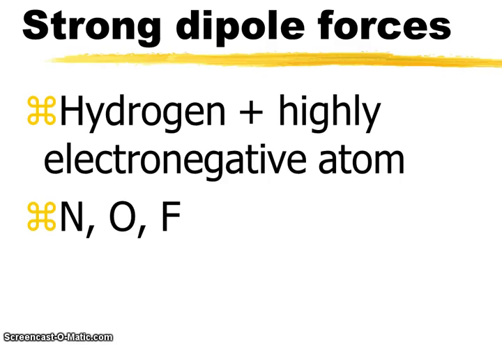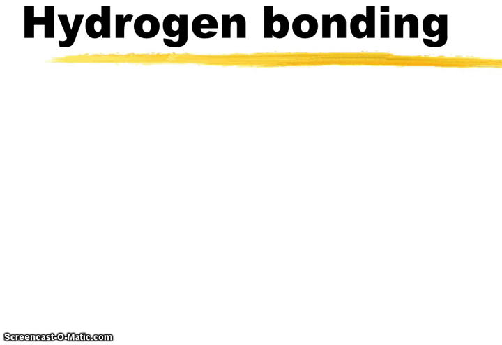Because the bonds are so polar, the dipole moment within that molecule is greater, so the intermolecular forces between molecules is going to be stronger. And we call these extra strong dipole-dipole intermolecular forces hydrogen bonding.